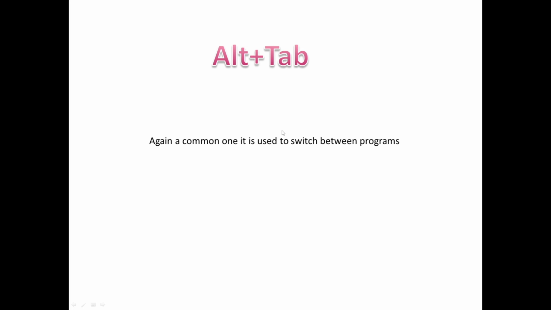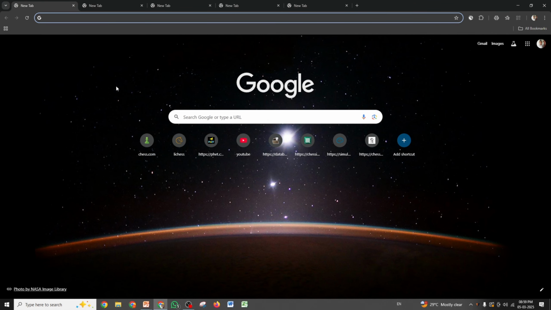Then the next one is Control Tab. So it's basically like if you're doing work and you have to switch between tabs, like if you're watching YouTube and then here you are taking notes, you can use Control Tab to switch between tabs.